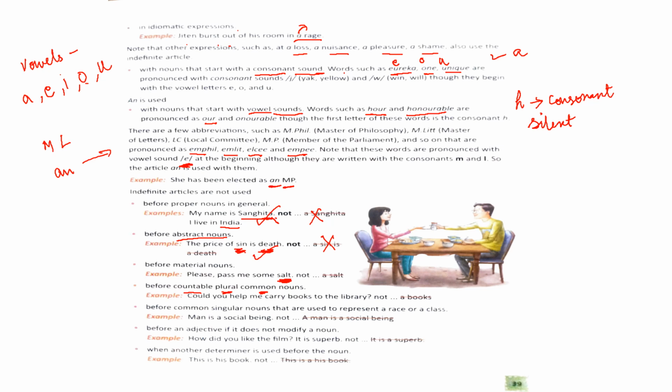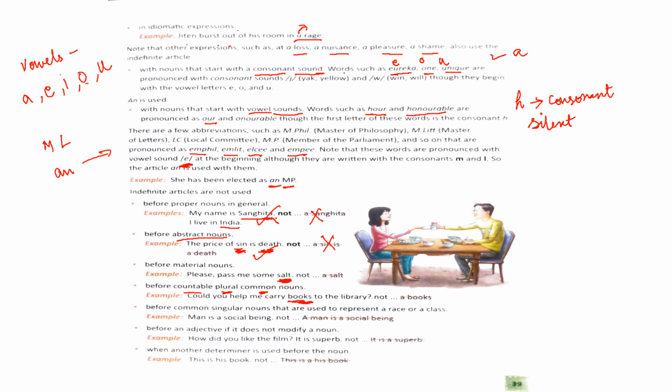Now here books is plural, it has an s with it. Hence you do not use article a and an. This would be incorrect if you say could you help me carry a books to the library. You do not use a and an with plural countable common nouns.